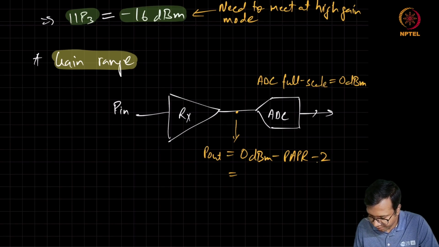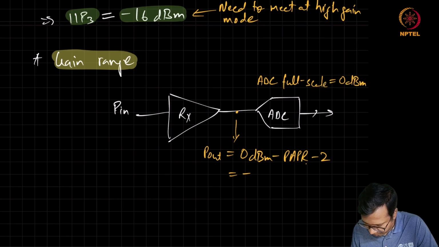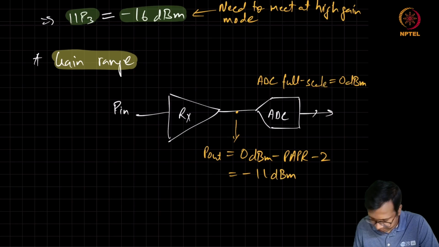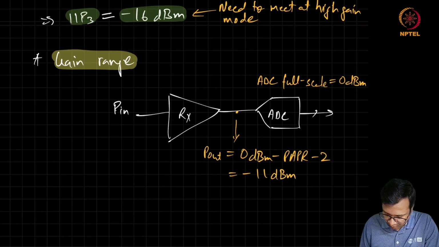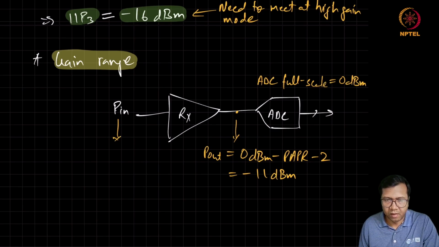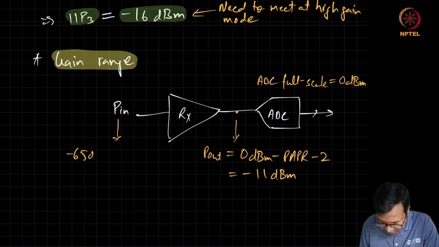So this is going to give us output power at the RX output of minus 11 dBm. And the input power, we already know that it varies from minus 65 dBm, which is the sensitivity, till minus 30 dBm.